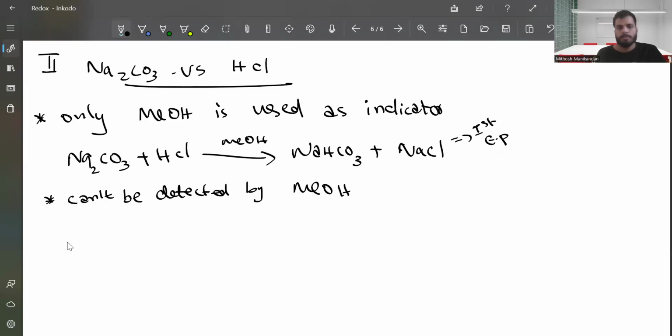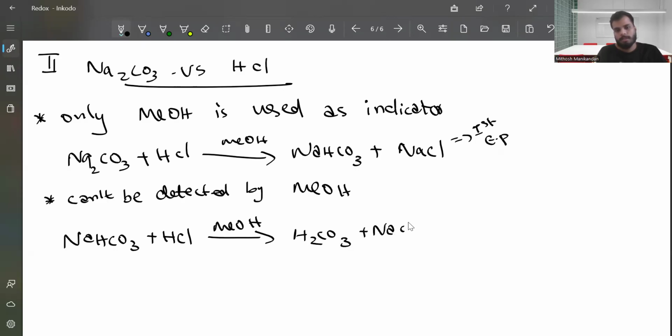Okay. Now let's see the second equivalence point. You get H2CO3 plus NaCl. Right, so this is the second equivalence point.